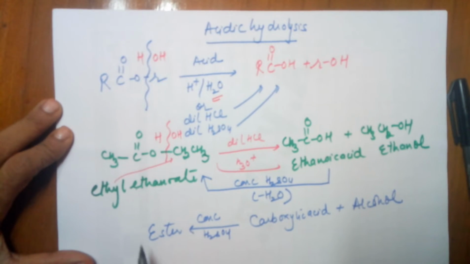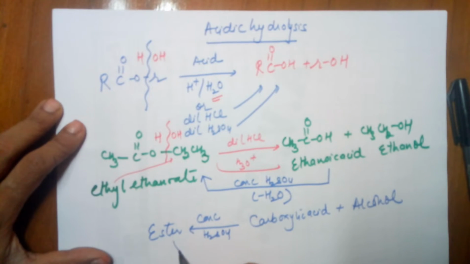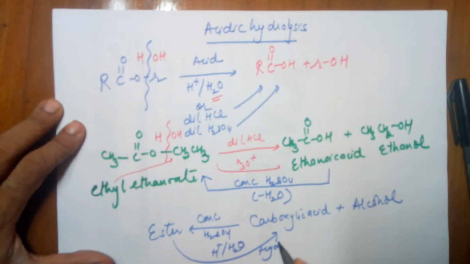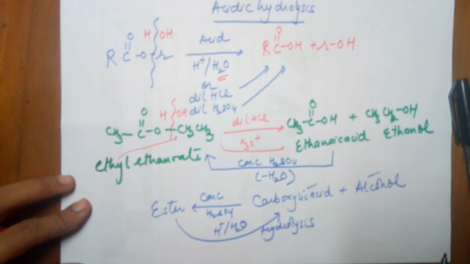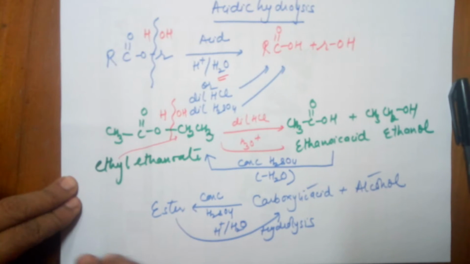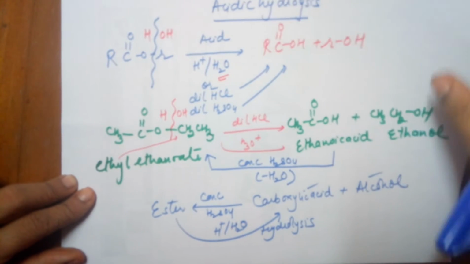Now if you have an ester and you hydrolyze it, that is by adding acid in the presence of water, you would end up with hydrolysis, which will cleave your ester to give you back the carboxylic acid and the alcohol with which you had started it off. I'll take one more example of ester hydrolysis to create a clear concept.